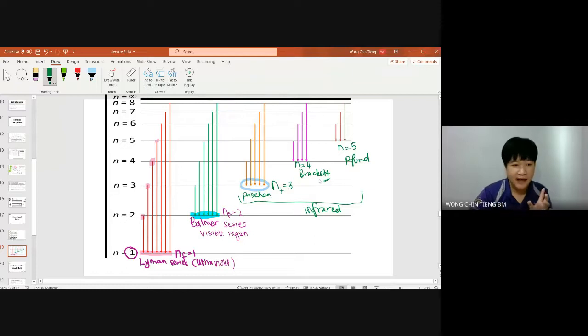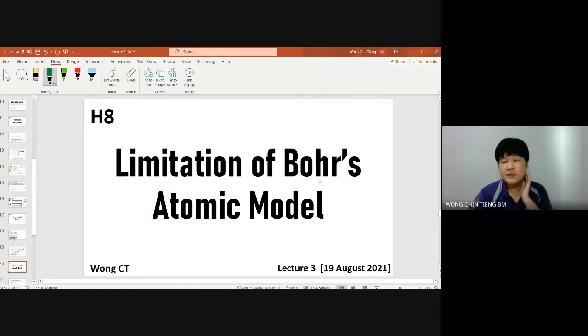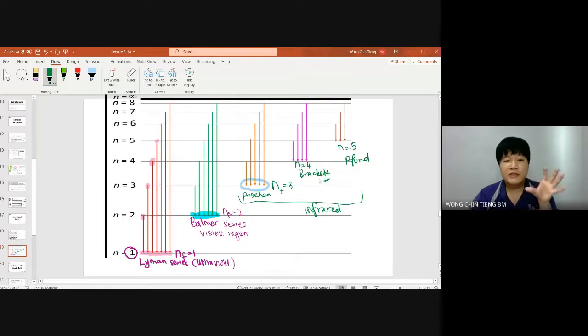So, last thing and tak banyak. The limitation of Bohr dengan weaknesses of Bohr kita bincang next week sebab saya tak nak kamu confused. Tak apa, sampai sini dulu hari ni. So, kita terima semua benda yang Bohr proposed to us today from the Bohr postulate making up to your Bohr atomic model. The importance of the atomic model is to explain the formation of line spectrum and the formation of all this series.